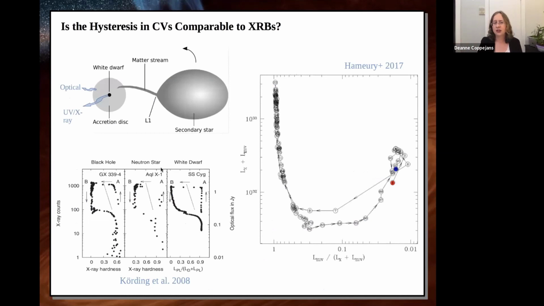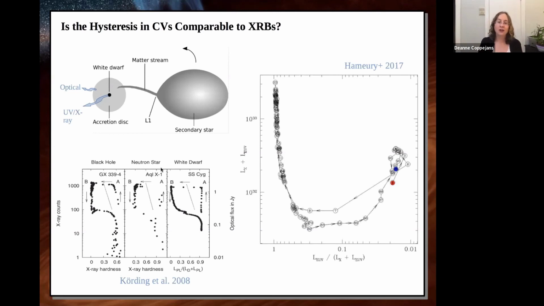So in CVs, you can naturally expect this hysteresis and fully explain it using the disk instability model. But in the X-ray binaries, because you're invoking the corona, you can't explain it fully without the disk instability model.